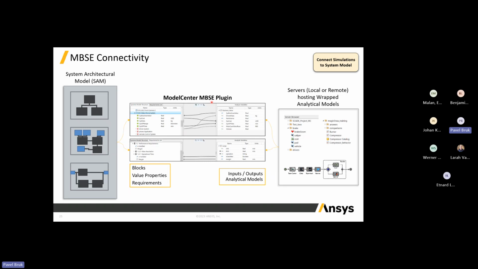So that's the third and probably the most important functionality of ModelCenter, when we can connect our system model to our simulations by using a special plugin, which is called ModelCenter MBSE, where you actually can read the parameters from your SysML model, including requirements, including all kind of attributes, and all blocks, parameters, and connections, and link this data to your analysis data, to your analysis variables, to your input and output parameters, to your workflow.